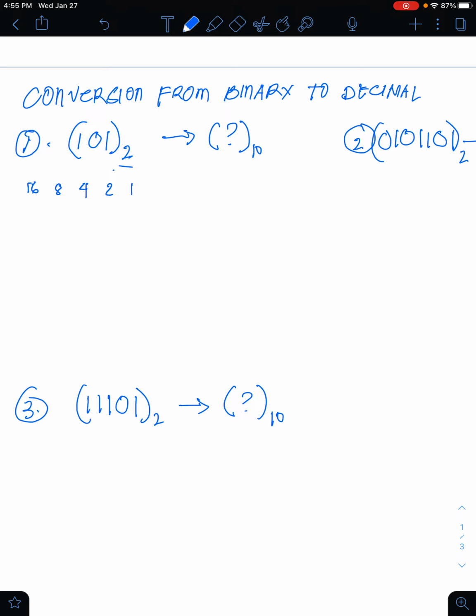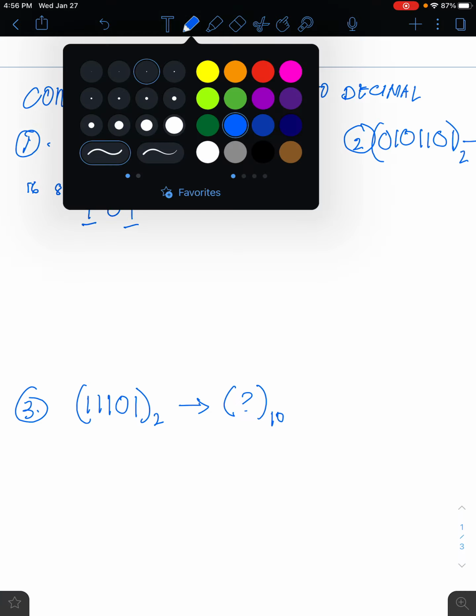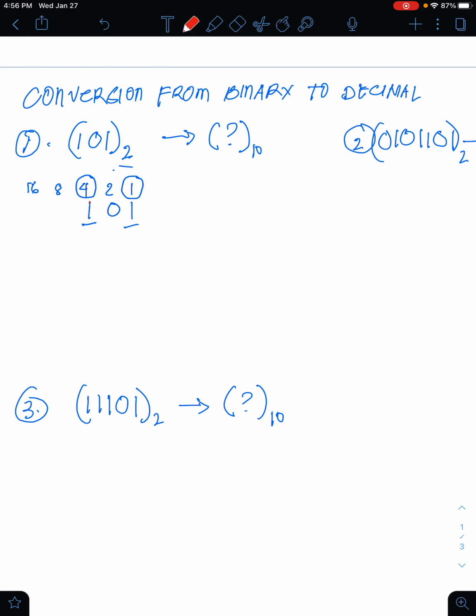So here, we have 101. We start from the left. Now we will be adding the values which are turned on or have the value of 1, which means 4 and 1 are turned on.